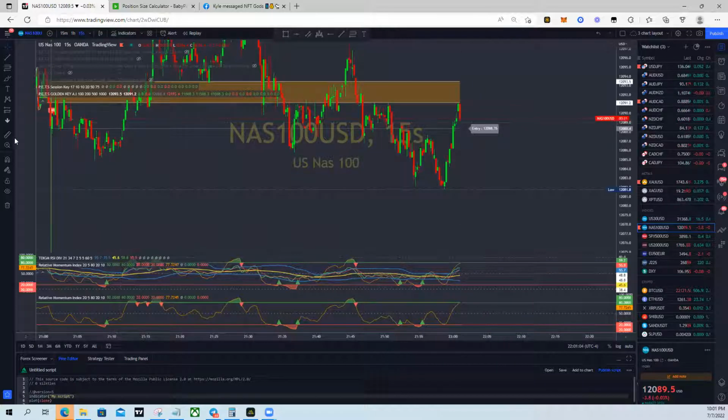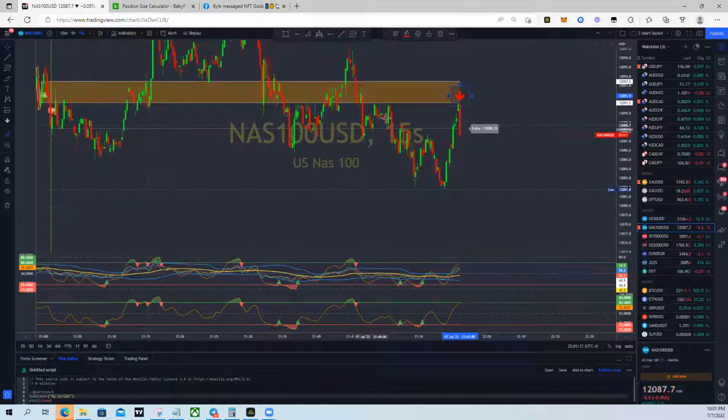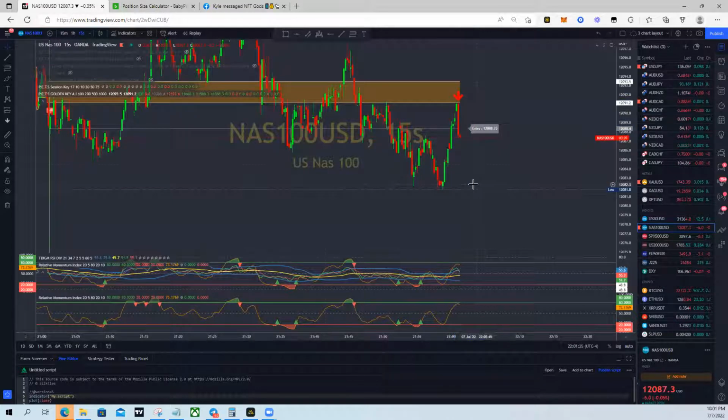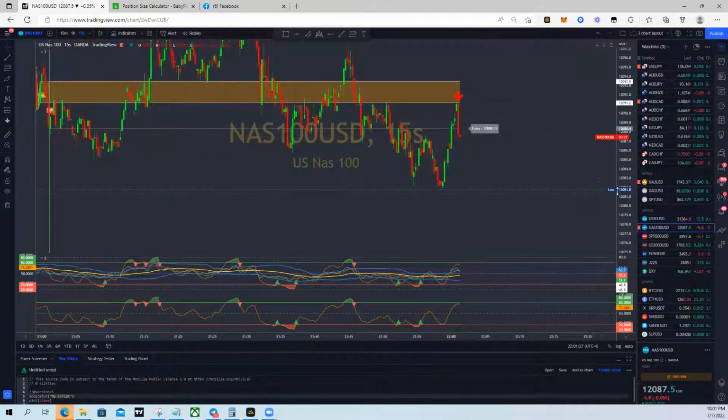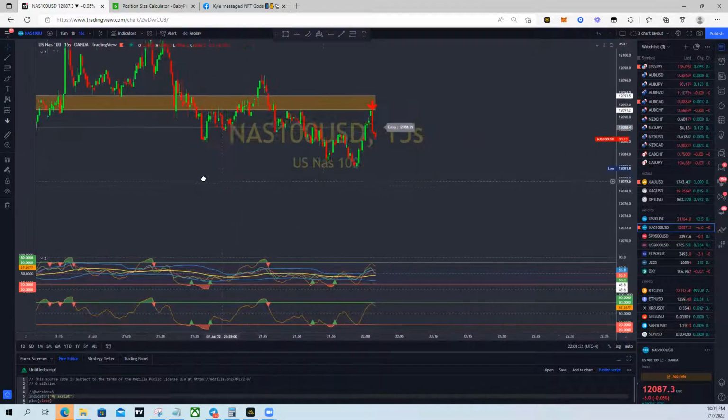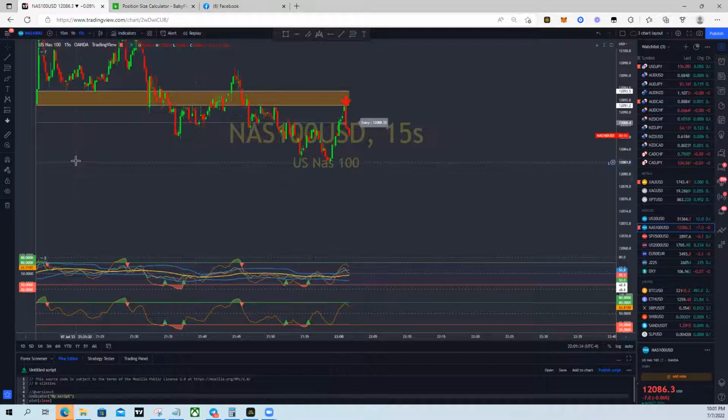That's the sell from the zone. 15 seconds. 4 pips. Who's dangerous enough to trade NASDAQ on the 15-second chart? Utilizing these zones, you may find yourself on a lower time frame trading the indices.